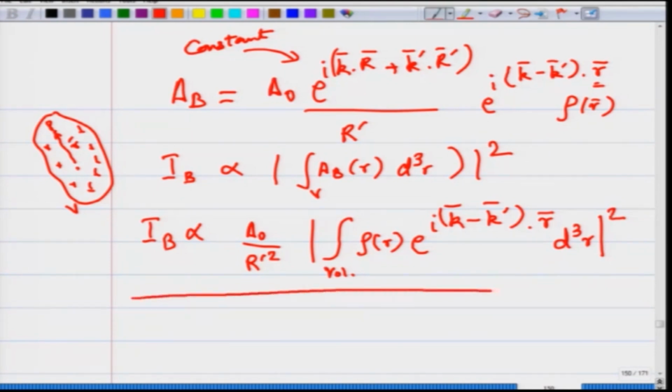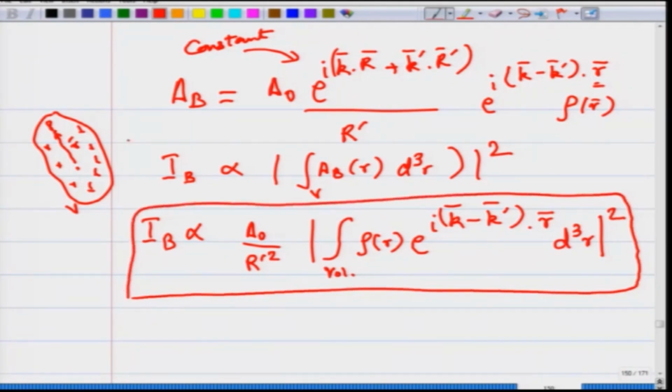So, the intensity of the scattered light which is reaching the point B because of scattering from all points on the crystal is of course going down inversely as the square of the distance r', which is expected. As you take the point B further, the intensity is going to go down as 1 by r square.